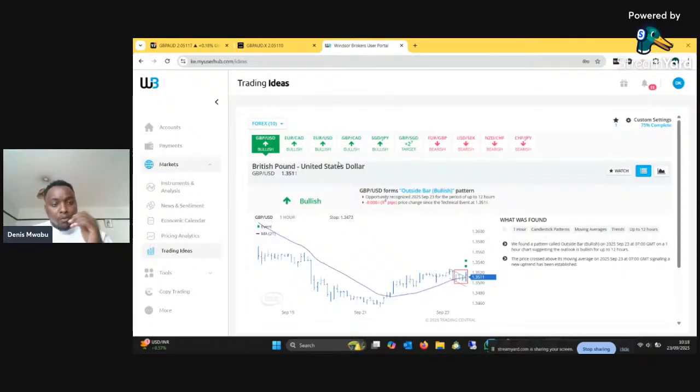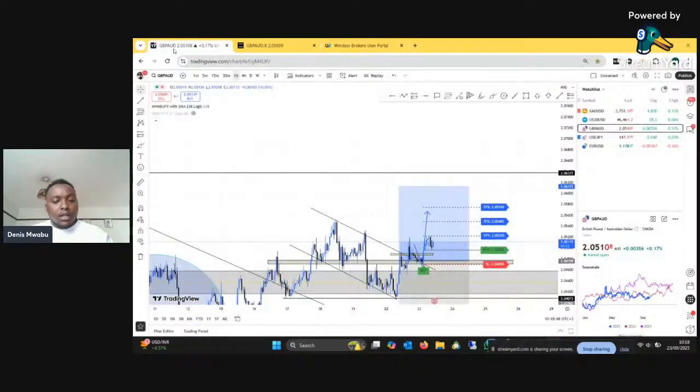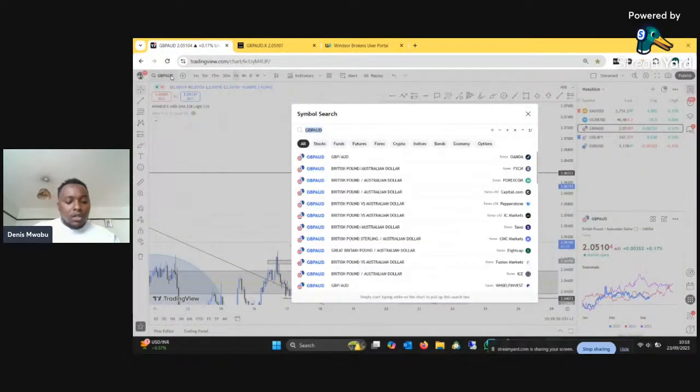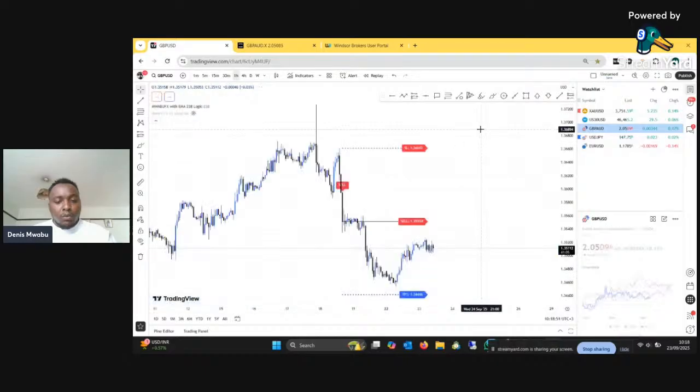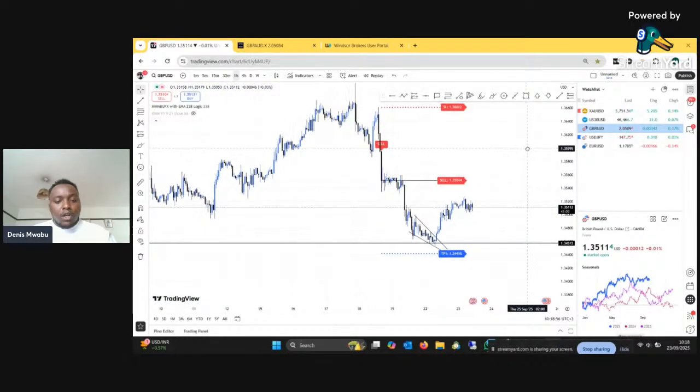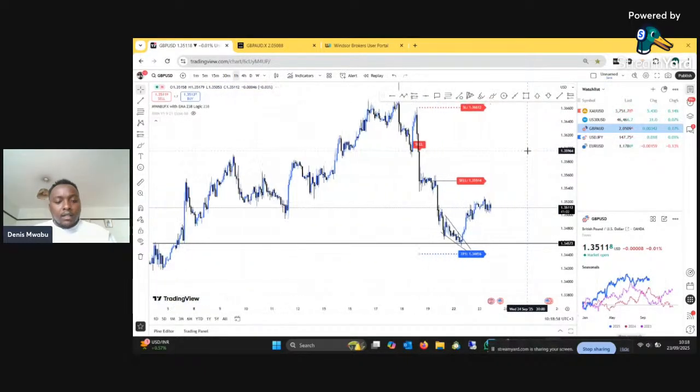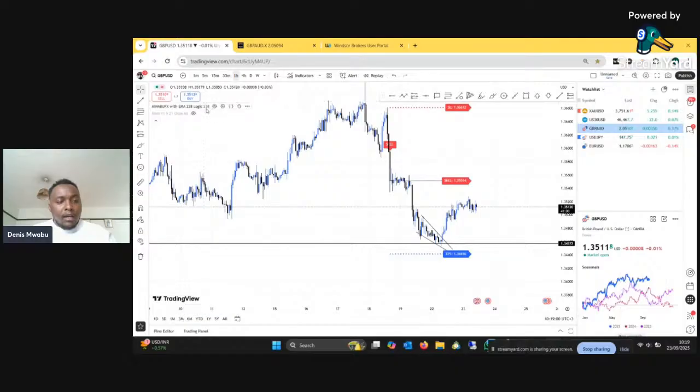For example, here it is telling us GBP USD. We are looking at buys on the 1 hour time frame. So I will come here and look at GBP USD, see where exactly it is telling me to buy, and switch on my BMM version 2.